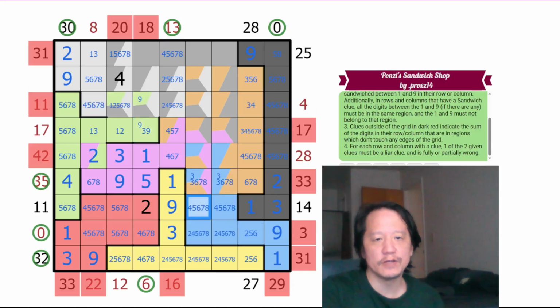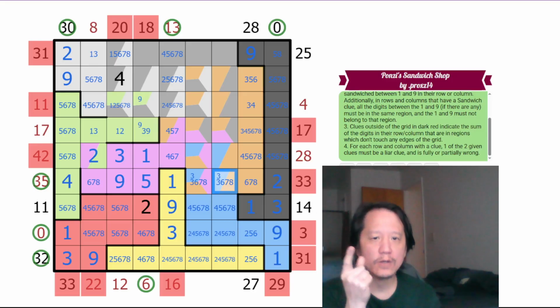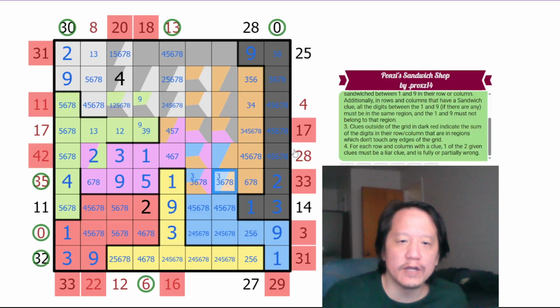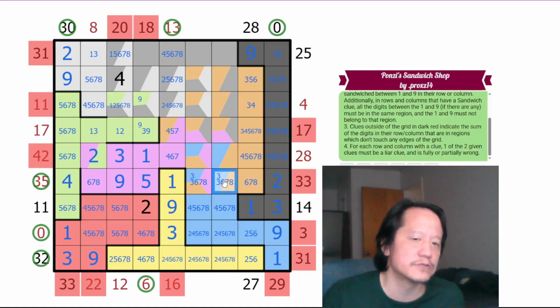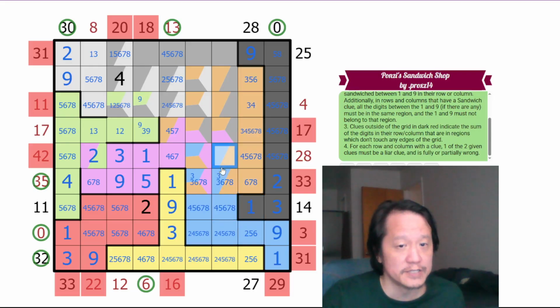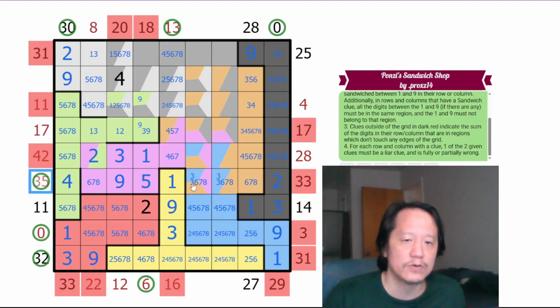3, 6, 7, 8. The 7 and 8 in the orange has to be in one of these 5 cells. That means this can never be 7 or 8 if it were orange. And it can't be 7 or 8 if it's blue because it has to be the 3 because of the 35 here.